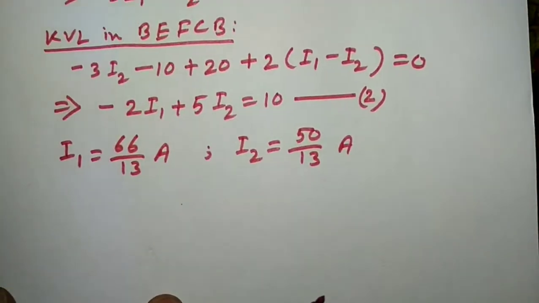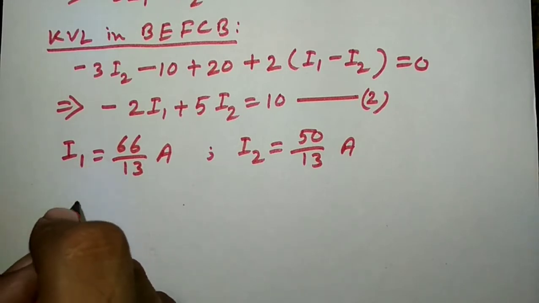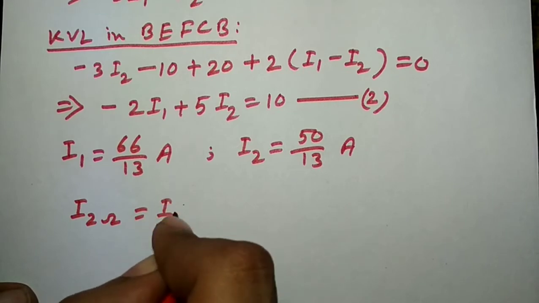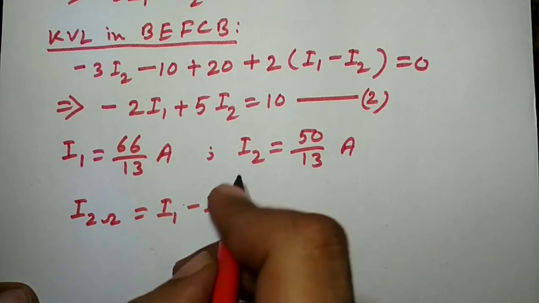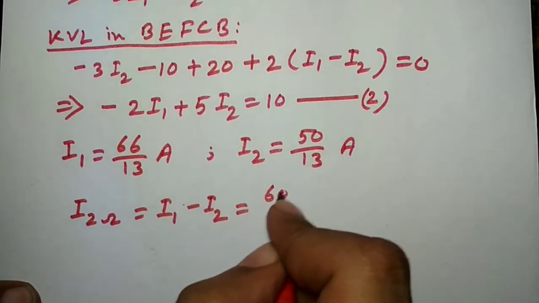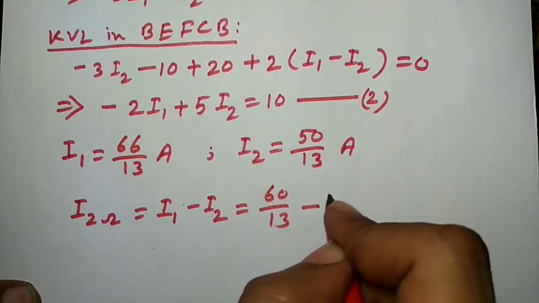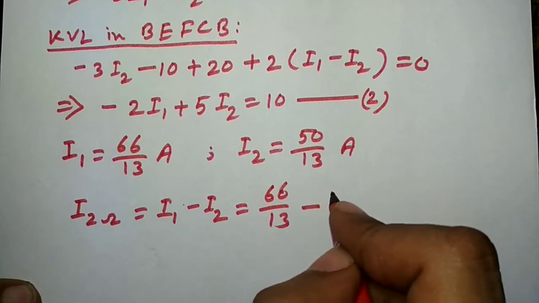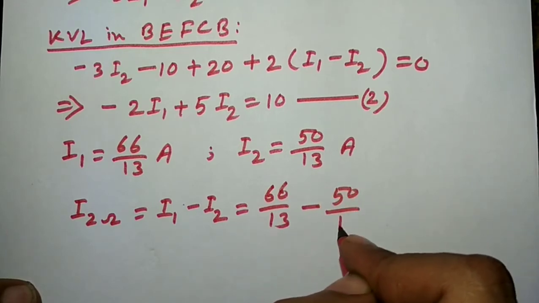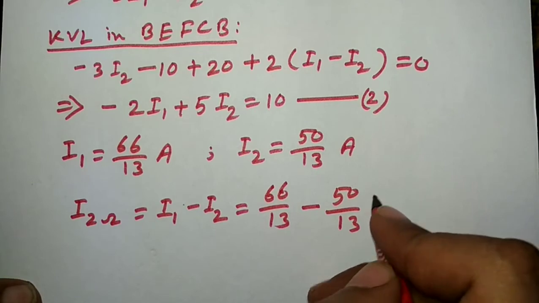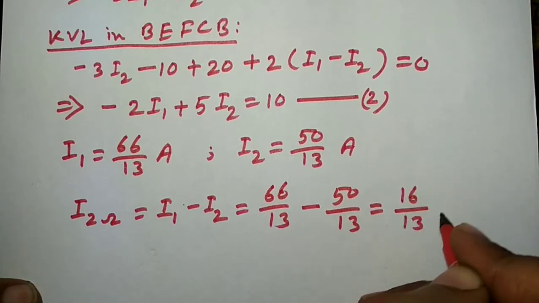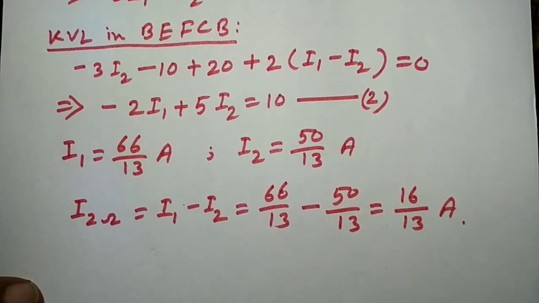So the final answer is the current in the 2 ohm resistance equal to I1 minus I2, that is 66 by 13 minus 50 by 13. Finally it is 16 by 13 ampere. So this is the final answer.